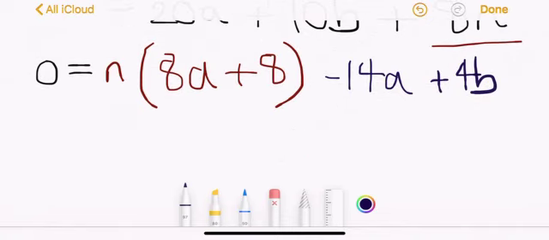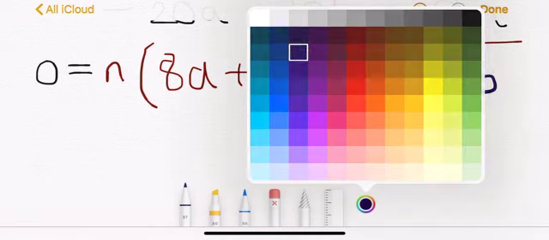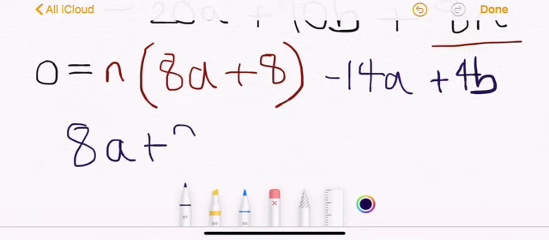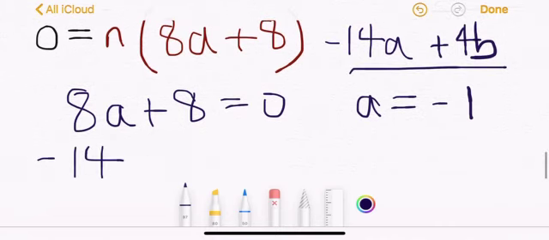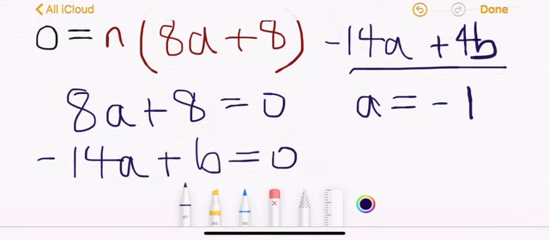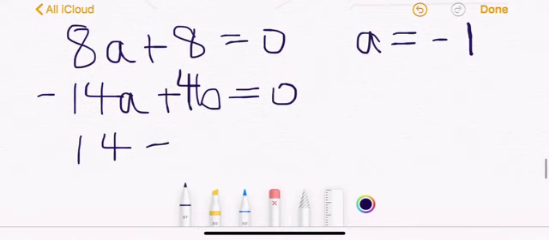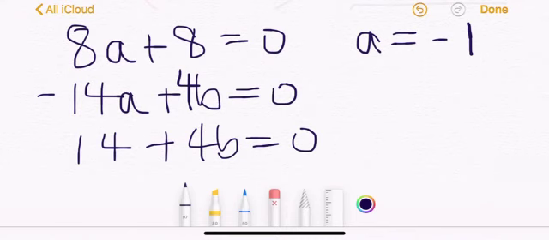Well, this is an identity really, so this must be true for all n. So that must mean that 8a plus 8 is equal to 0, so a equals negative 1. This constant part here must also be 0, so minus 14a plus 4b equals 0. But minus 14a is actually equal to positive 14, so 14 plus 4b equals 0, so b equals minus 7 over 2.